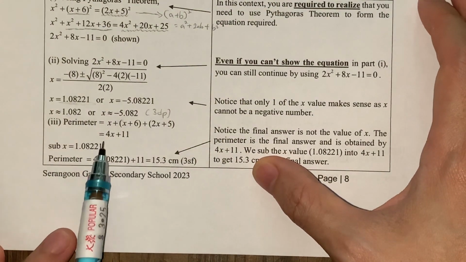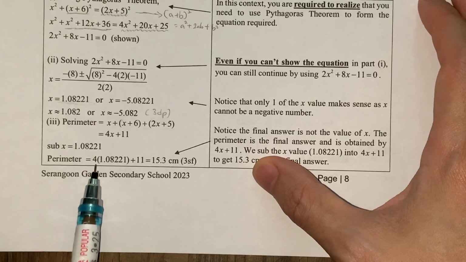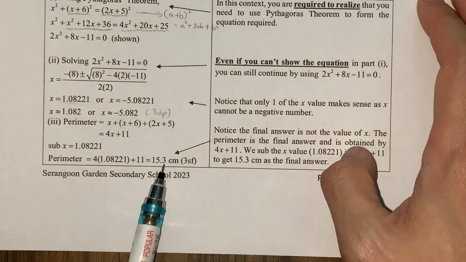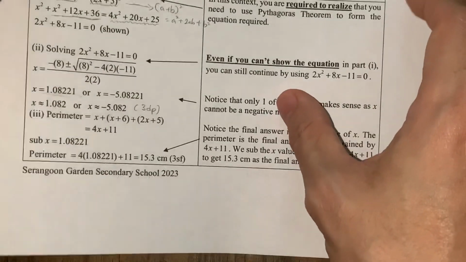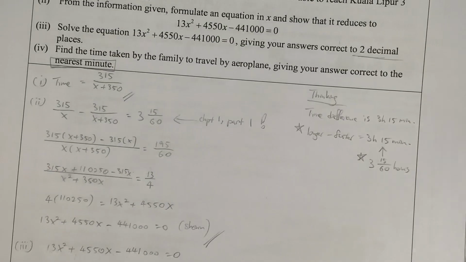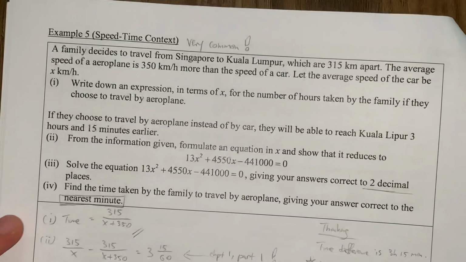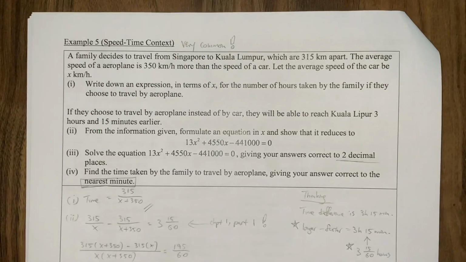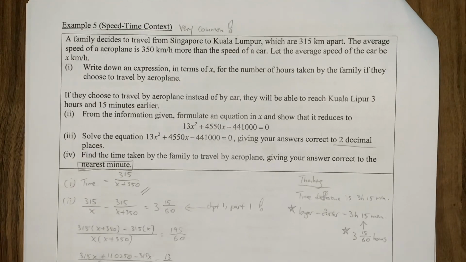I sub it into 4x plus 11, calculate, and that is the final answer. This is an example of a long question in the Pythagoras theorem context. In the O level, this is worth slightly more than 10 marks, which is a huge proportion of your paper 2. It's pretty important that you get this correct. Okay, so next one.